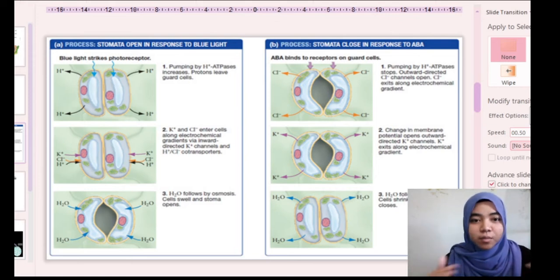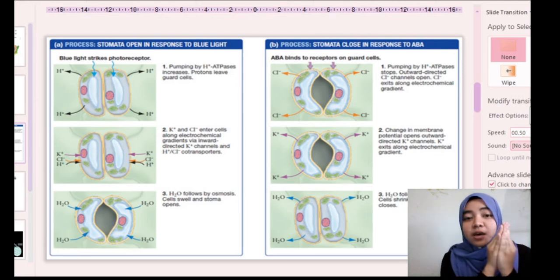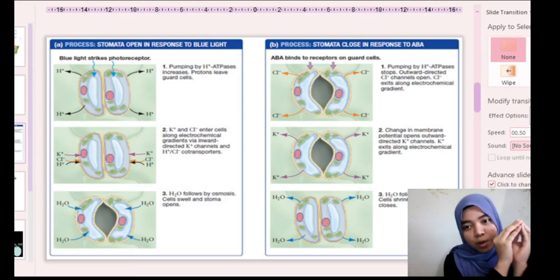So the three will enter the guard cell. And the last step is that water will follow by osmosis. When water enters the guard cell, it will increase the turgor pressure. That will make the cells swell and the stoma will open.